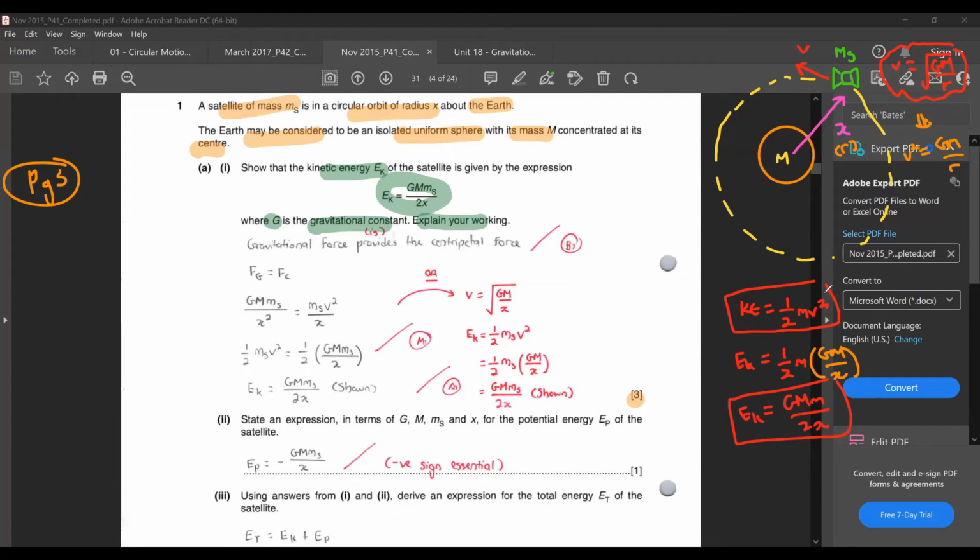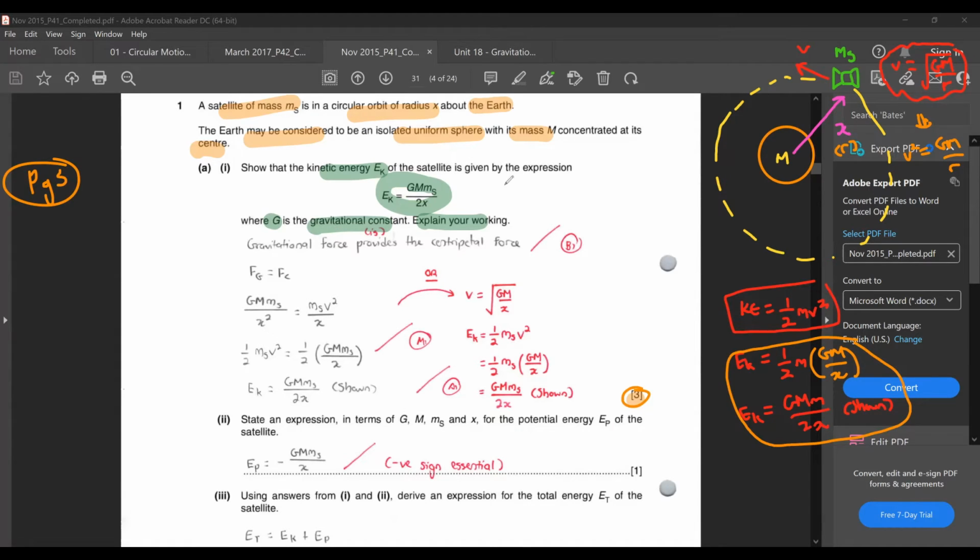This one would have been your answer straight away, which is shown. But because your question is worth 3 marks, showing something like this will not net you your full marks.